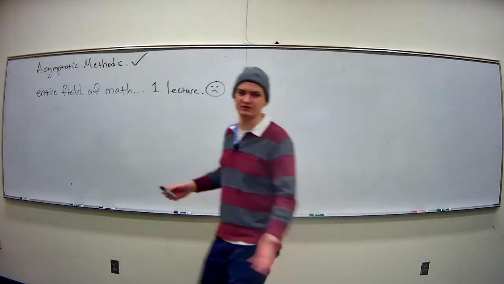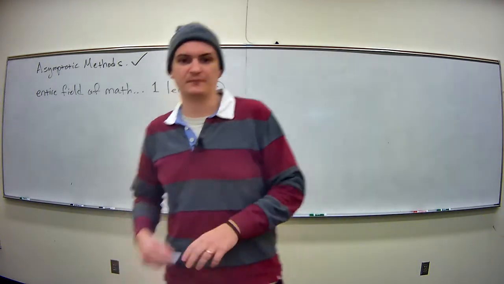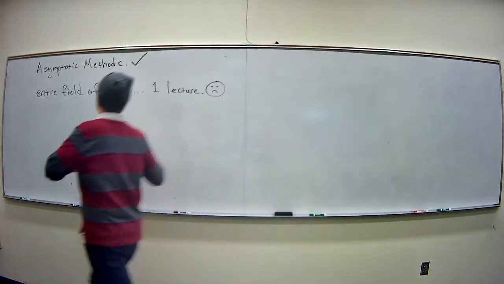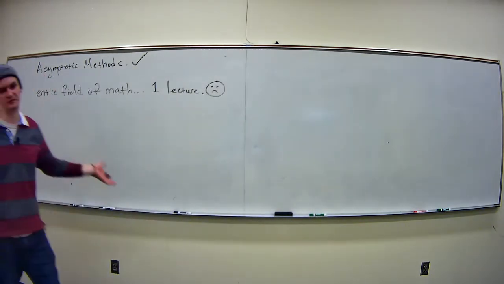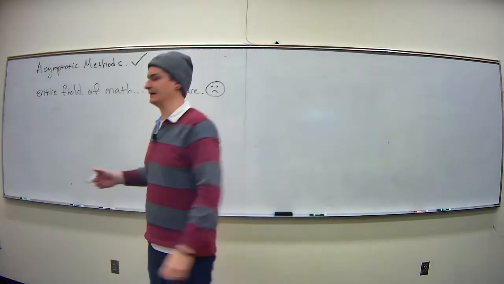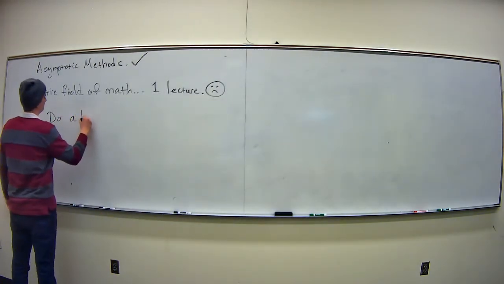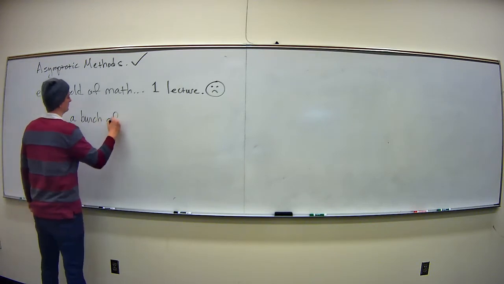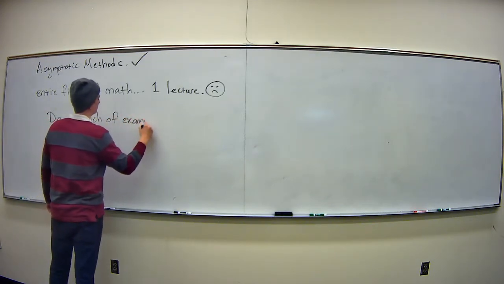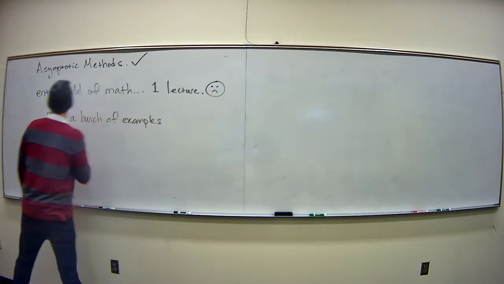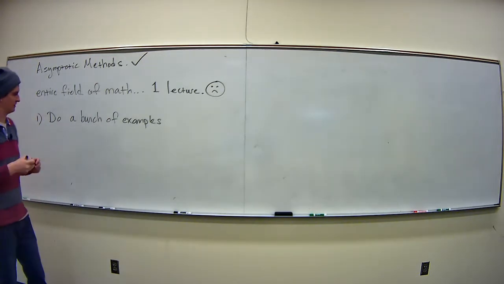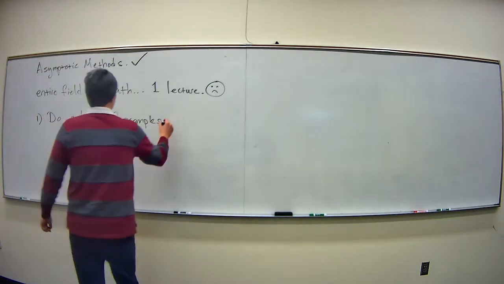I changed it. I was going to do a bunch of examples. So one way I could teach you all of asymptotic methods is I could just do a bunch of examples. That'd be my option one, question mark.